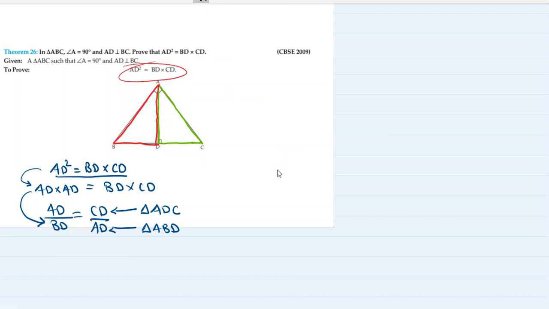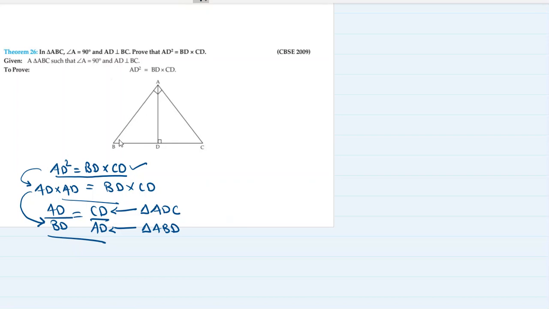And if we can prove these two triangles similar, then definitely we can write this statement by CPST, then this statement by cross multiplication, and this statement is the final statement to be proved. Correct? So now both the triangles are visible to you, so I'll just remove this highlight. Okay, now see how to prove these two triangles similar, ADC and ABD.